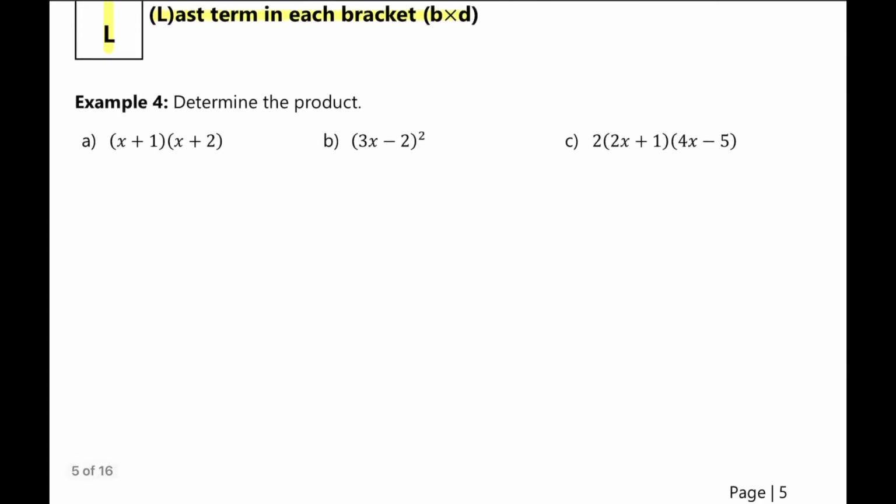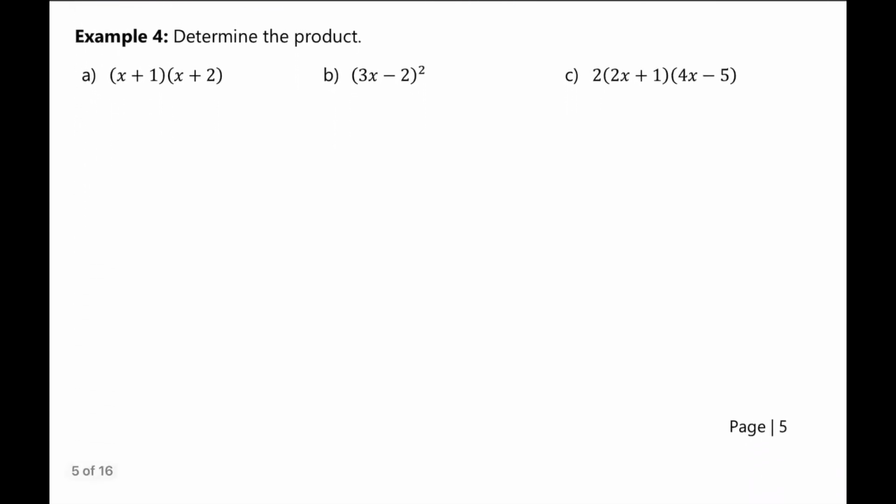Let's try our example 4. Determine the product. Part A. Let me draw the arrows first. So when you're FOILing, you take the first term, you multiply the first one, and then the second one. Take the second term, multiply with the first, and the second in the second bracket.